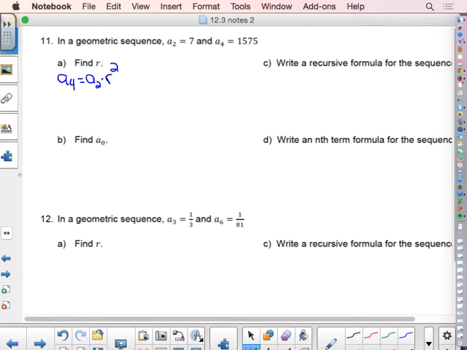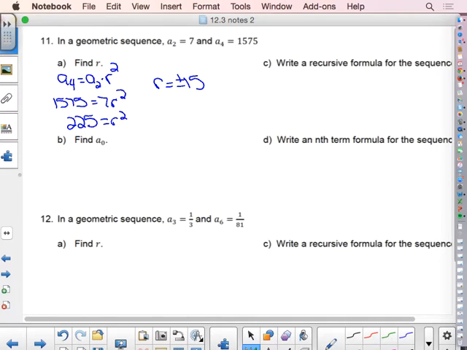The difference between those two terms is 2, so that's going to be my n. That gives me 1575 is equal to 7r squared. Solve that for r, I get 225 is equal to r squared. So r is equal to plus or minus 15.